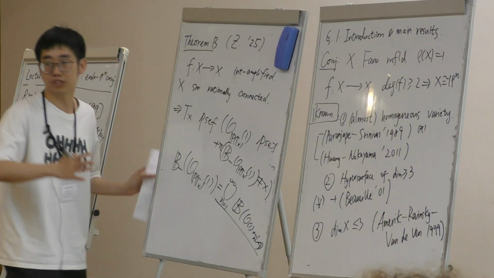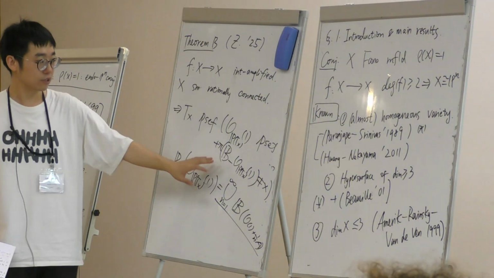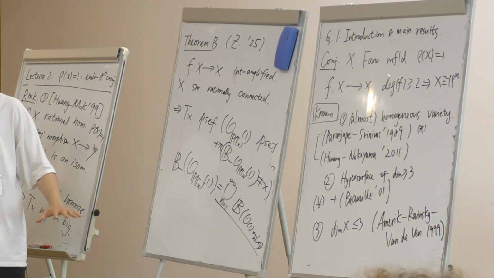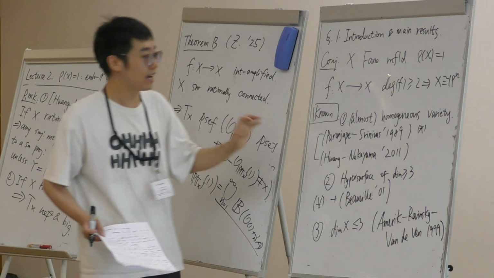You take the union of all these base loci. This is the definition of the restricted base locus. So this means its restricted base locus cannot dominate the whole X. Okay, so let us compare this Theorem B and Theorem A.